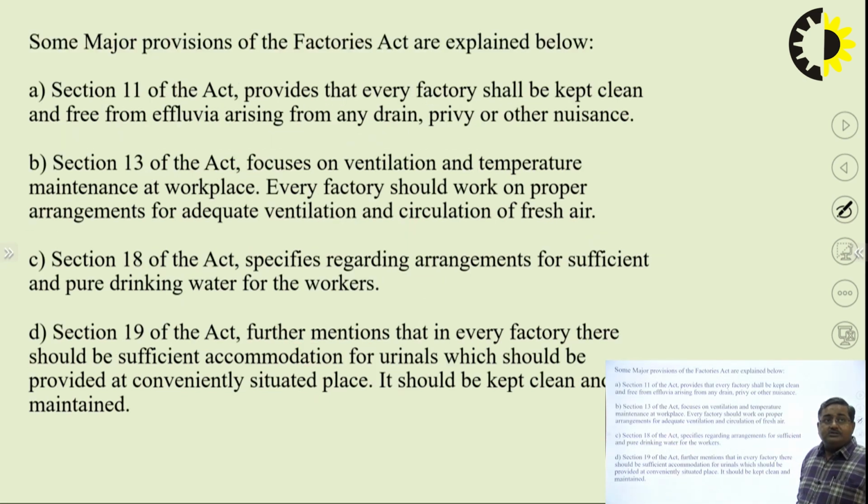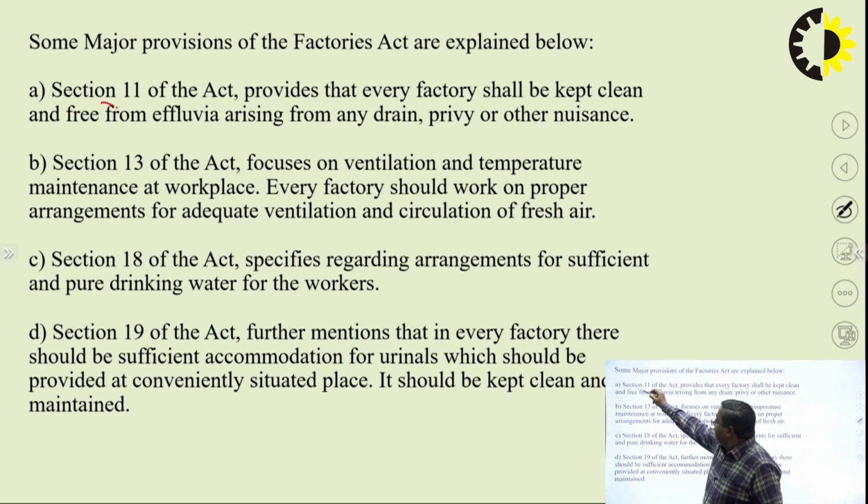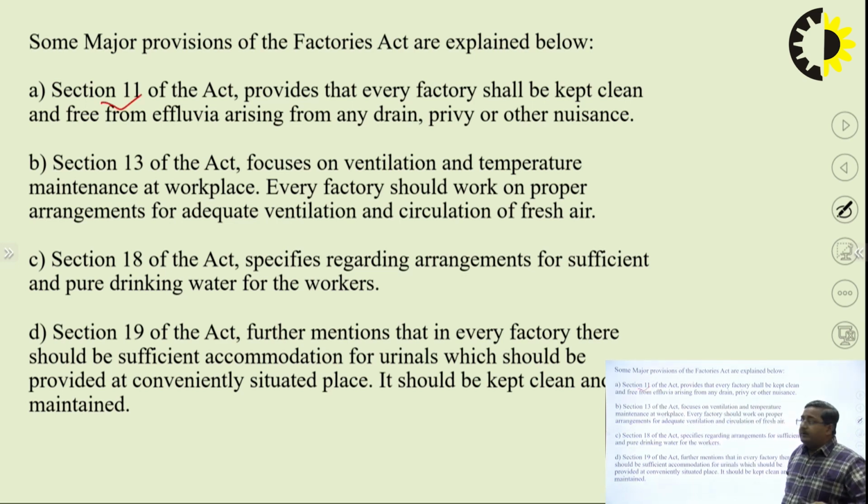We'll go through some major provisions of the Factory Act. The first is Section 11 of the Act, which provides that every factory shall be kept clean and free from effluvia arising from any drain, privy or other nuisance.